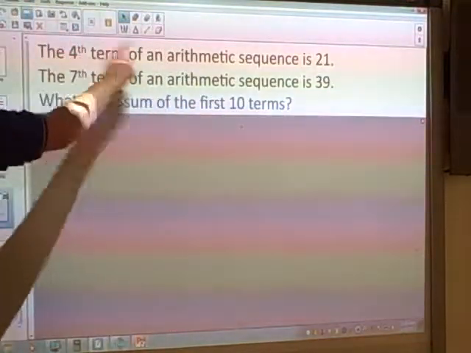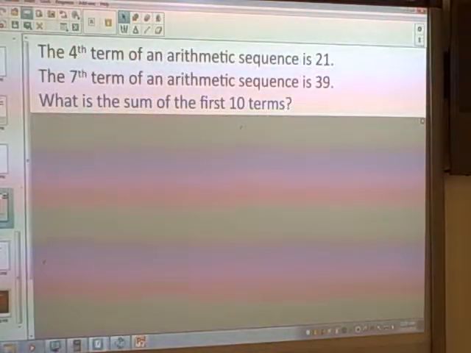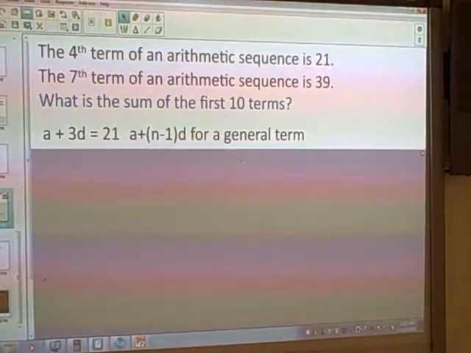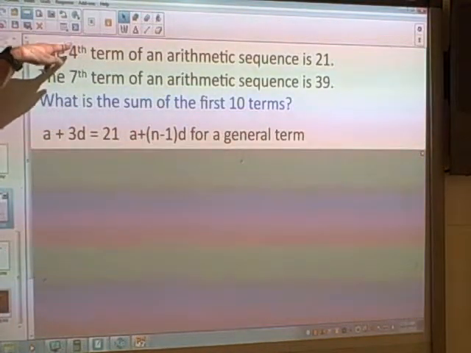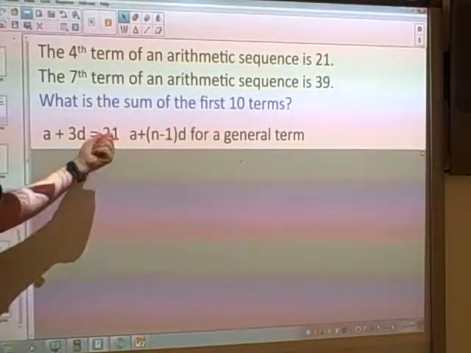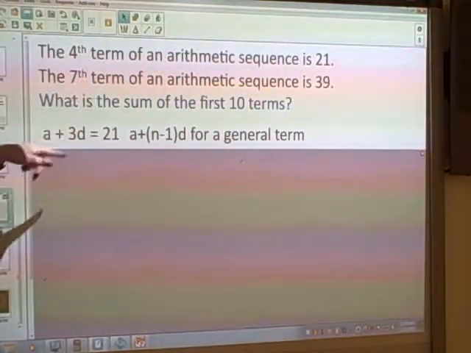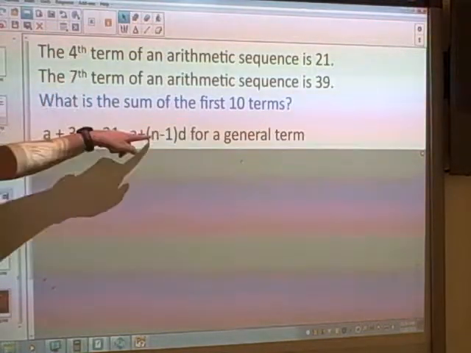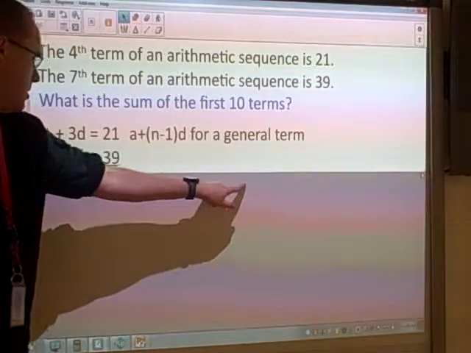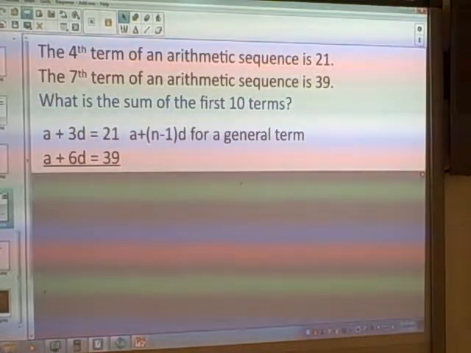So we know the formula for the nth term of a sequence is a plus n minus 1 d. So we can use that on our first expression. So n minus 1, so 4 minus 1 is 3, and we know that that term equals 21. We can do the same with this one, a plus n minus 1 d, where n is 7, so 7 minus 1 is 6. A plus 6d equals 39.